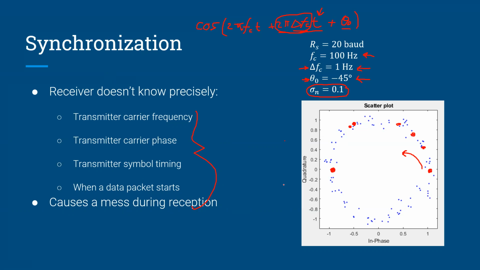If we can differentiate which of the points in the constellation diagram correspond to which order symbol was received, can you estimate the frequency that way, by how fast the phase grows? Yeah, that's exactly another way of doing it. Usually when you send a packet, the packet has a header, and the header has a known sequence of symbols.